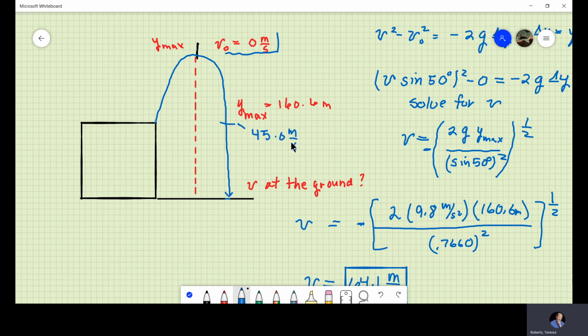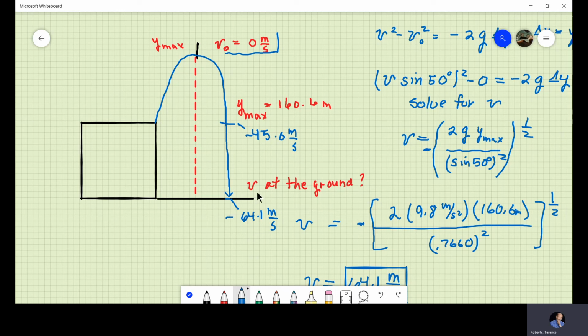By the time it gets down here, it's going to be 64.1 meters per second. And we can say negative because it's going down. Same thing over here, negative. And that's the direction in that axis.